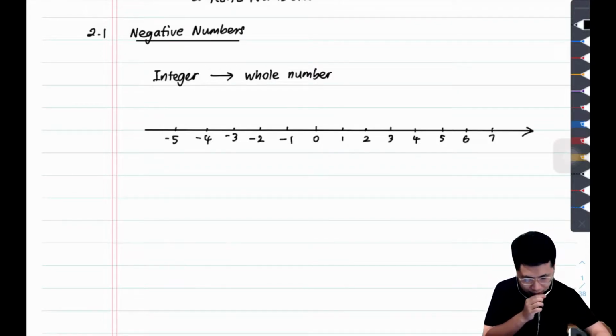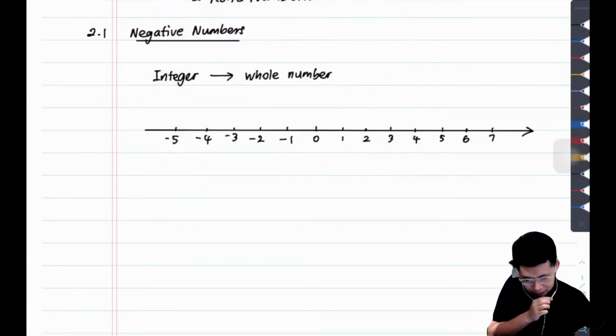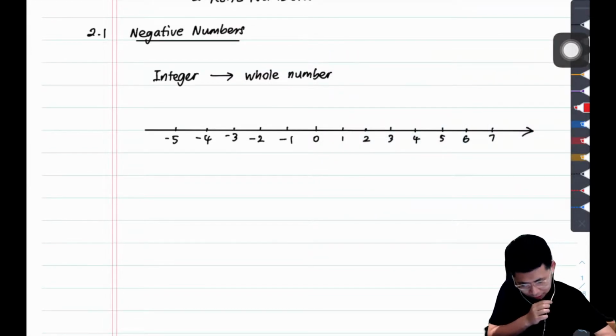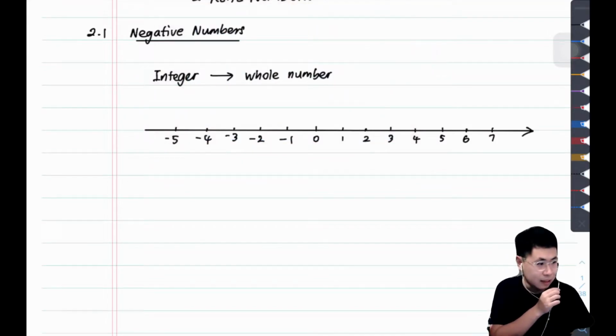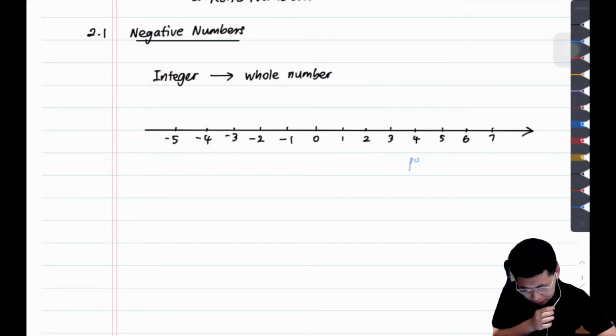Now let me write down some words for you. The first word I'm going to write down is on your right hand side. All these things are your positive numbers.